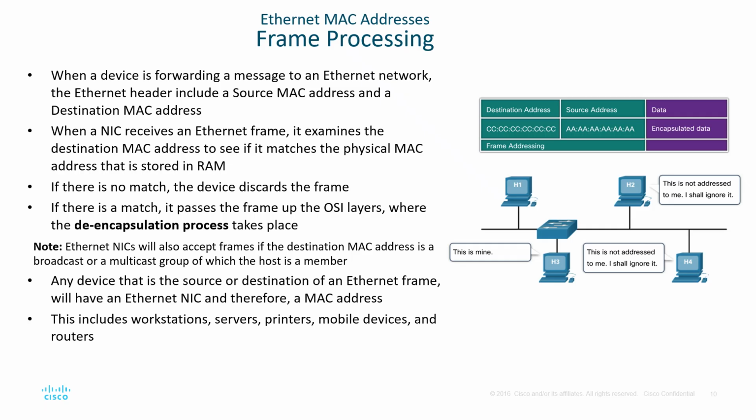So how are frames processed? When a device is forwarding a message to an Ethernet network, the Ethernet header includes a source MAC address and a destination MAC address. When a NIC receives an Ethernet frame, it examines the destination MAC address to see if it matches the physical MAC address that is stored in RAM.